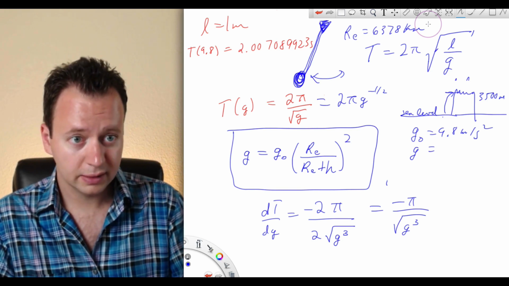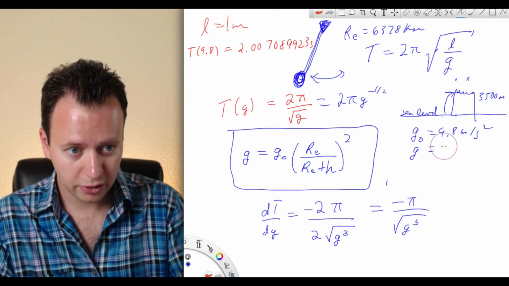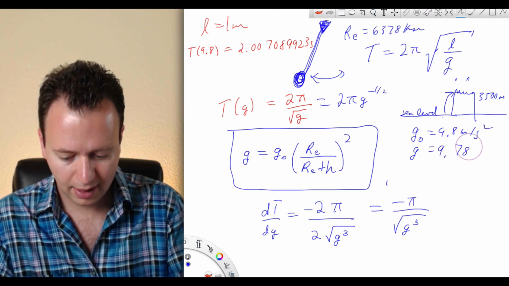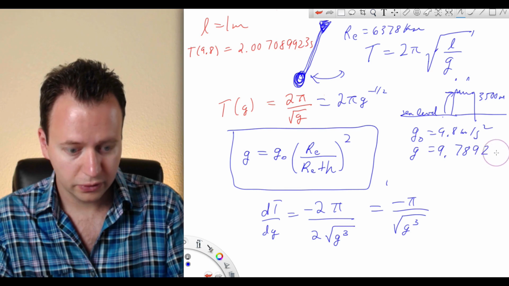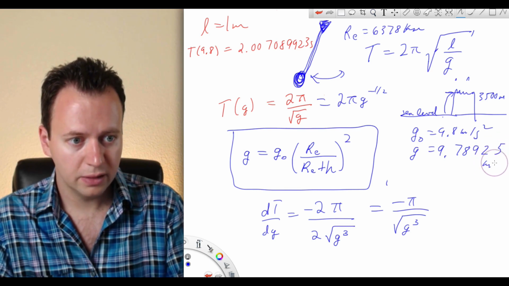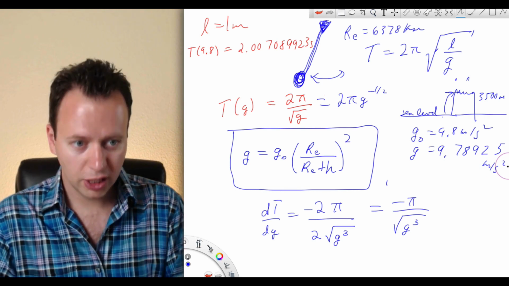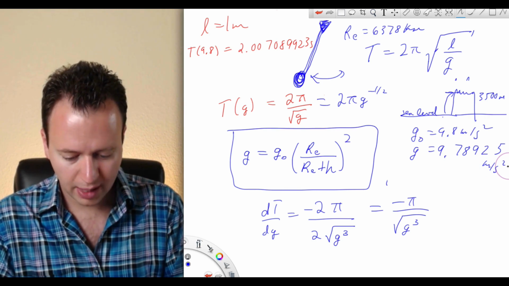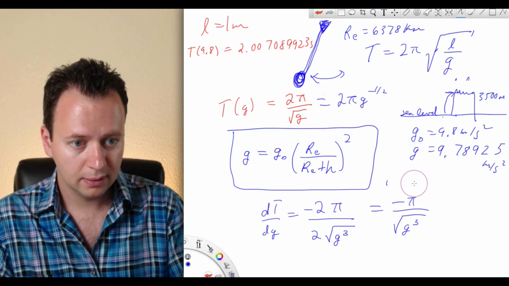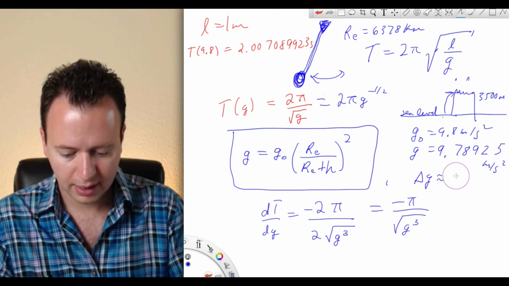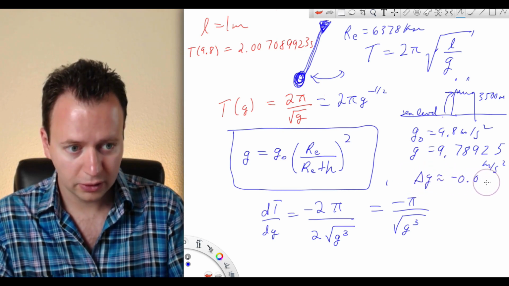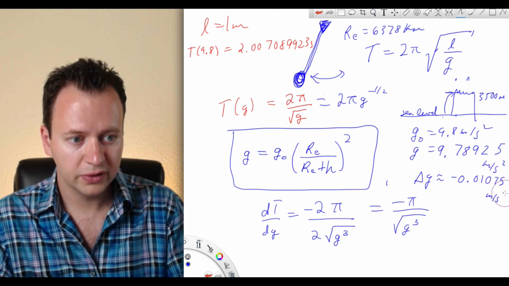So that gives us a gravitational acceleration of 9.78925 meters per second squared. So basically the change in g is going to be this minus 9.8. So delta g is approximately negative 0.01075 meters per second squared.